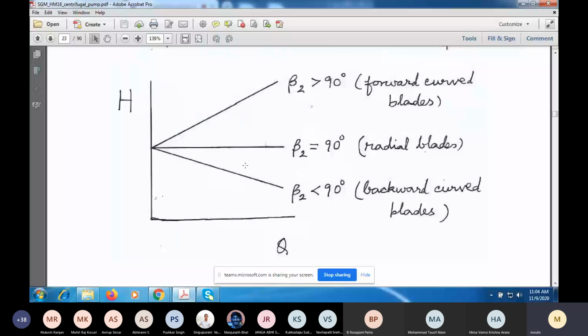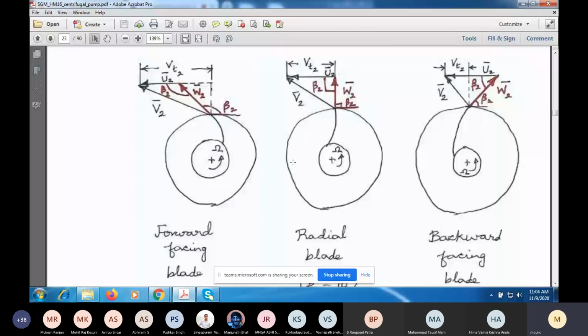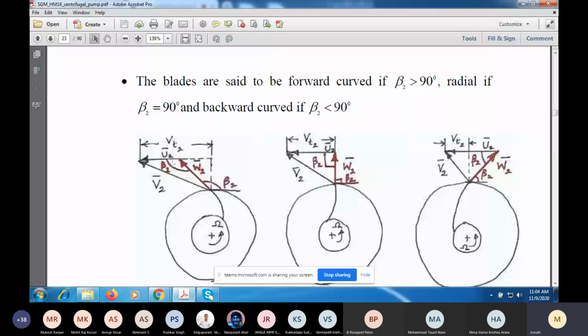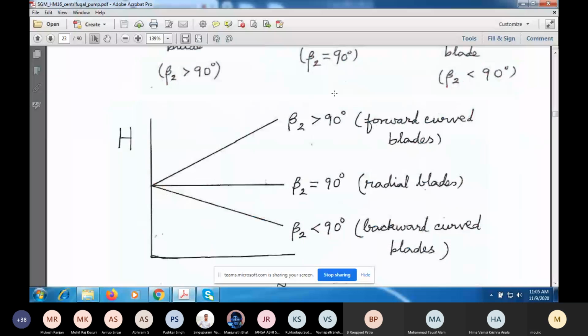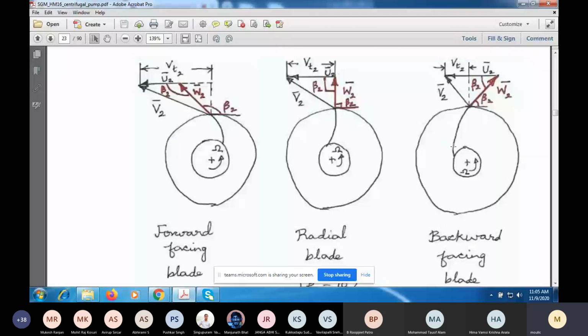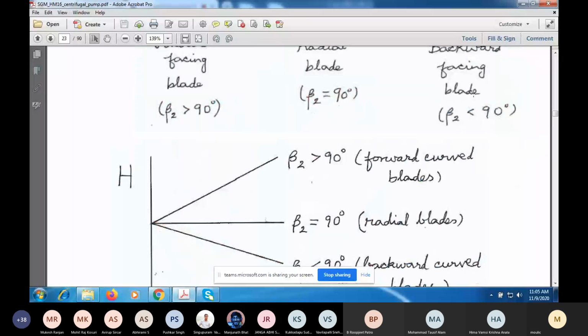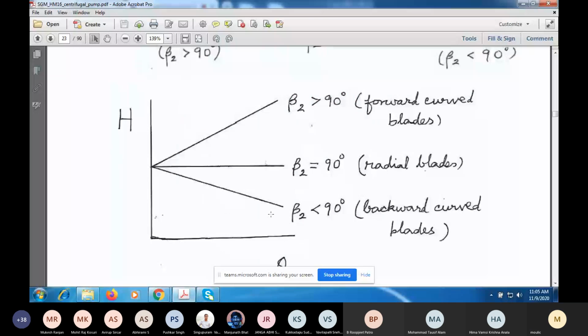If it's forward curved, the angle beta 2 is more than 90. That is, if it's rotating counterclockwise and it is curved in the direction of the flow, in the direction of the rotation, then the slope is positive. And if it's backward curved, so the blade is curved in the backward direction relative to the direction of rotation, then beta 2 is less than 90, and you have a drooping characteristic over here.